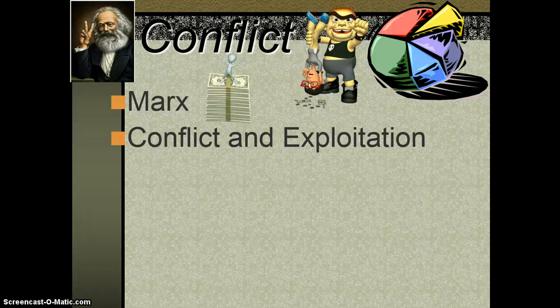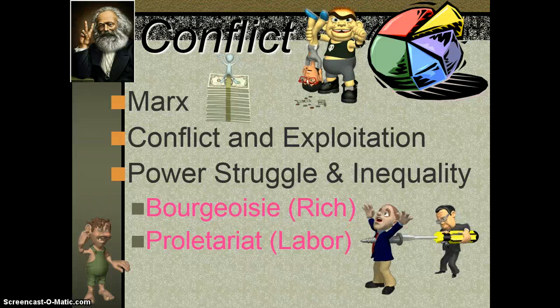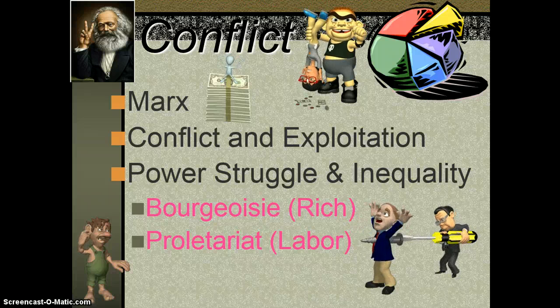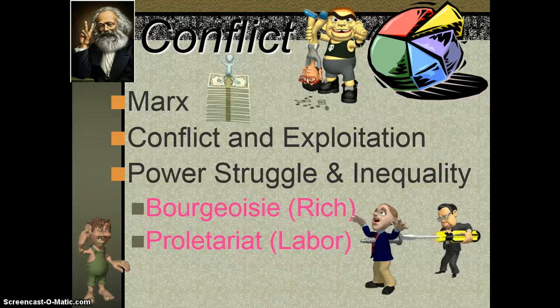And the poor are striving to get the most they can. And so it's constantly a power struggle. And it's based on the whole idea of inequality within society. And Marx believed that a capitalist society like our own is filled with inequality. So it's going to be a constant power struggle.